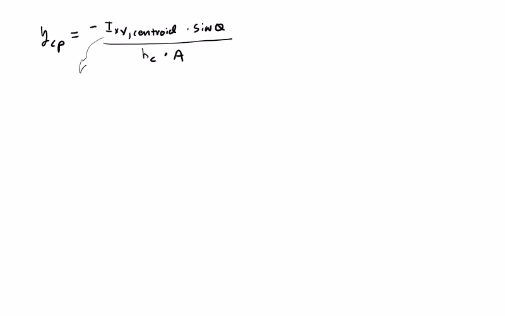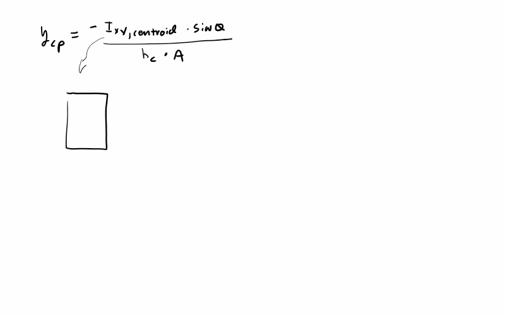But it also says that you can say that YCP equals minus, and again, the frame of reference here is weird, minus IXX at your centroid times the sine of theta over the height of your centroid times A. Now, why does it do this? First of all, what's the difference between this integral and the one we just calculated?